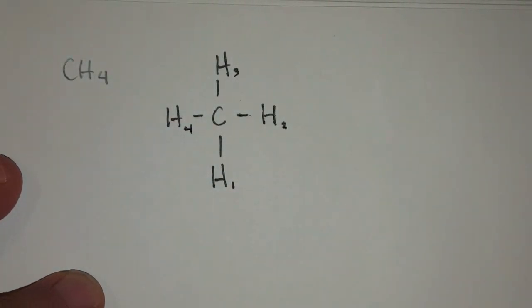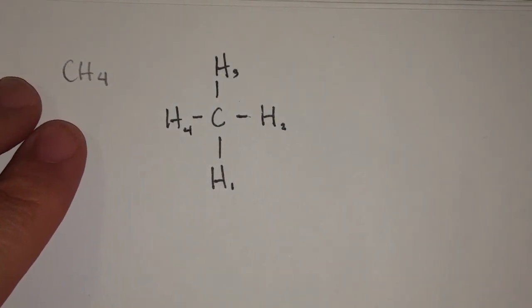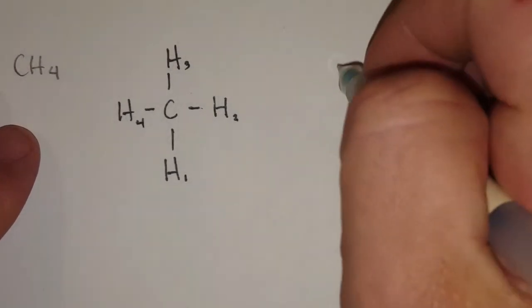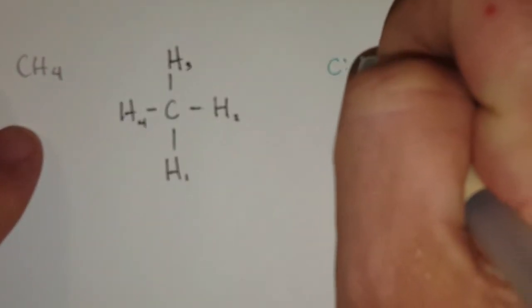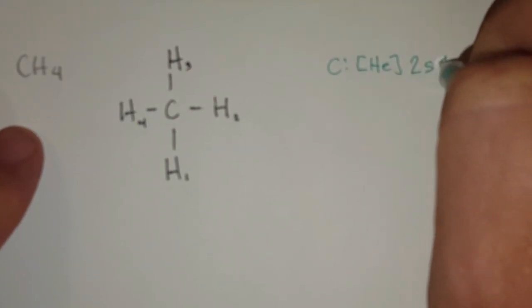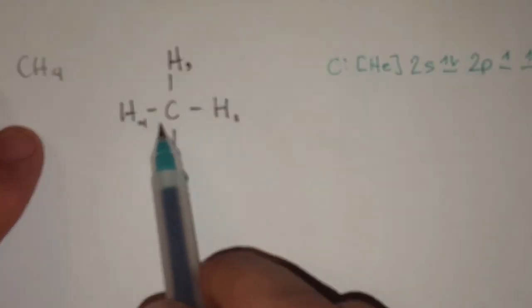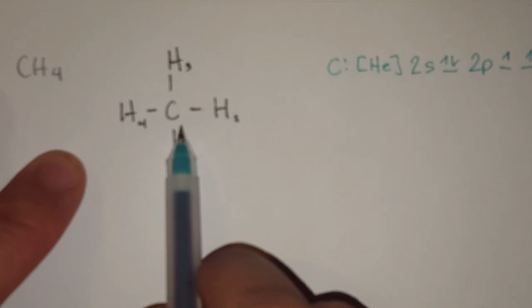Now the second thing we need is our shorthand energy level diagrams. I'm going to start off with my carbon, and we can see that our carbon forms 4 single bonds.